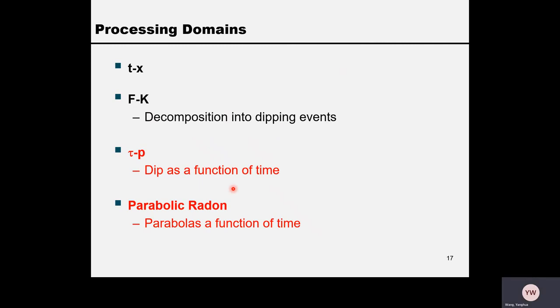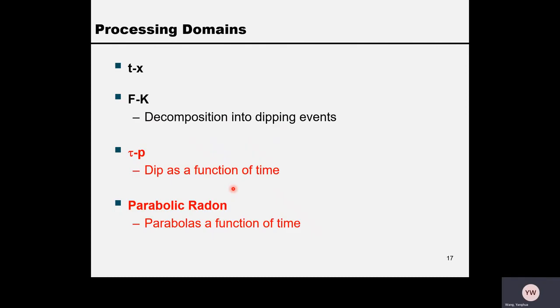Today we're talking about two transforms, tau p and the parabolic radon transform. Tau p is something in between Tx and FK. In the FK domain, the dip is defined by the wave number and the frequency, right?